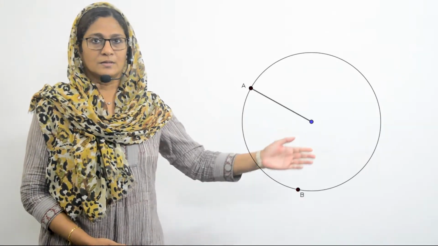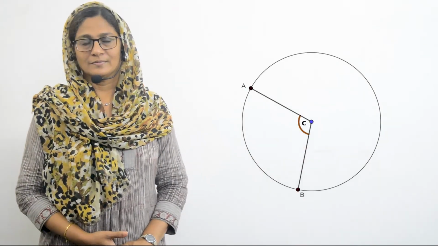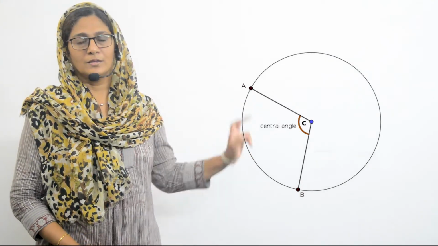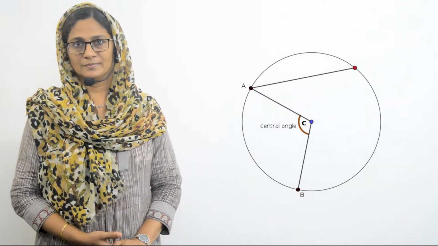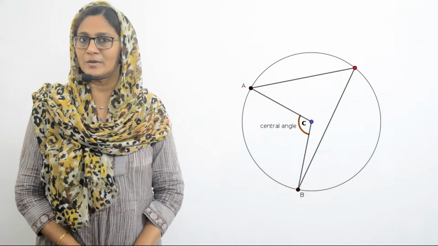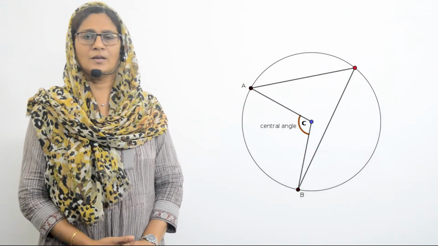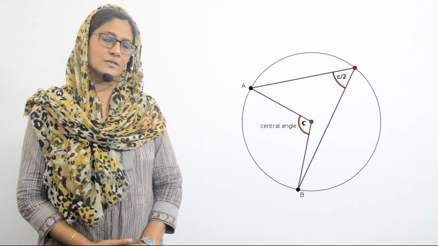We can deduce another fact from this also. Circle, central angle. Let me draw an angle in the opposite arc. The measure of that angle will be c by 2. Now let me draw another angle in the alternate arc.